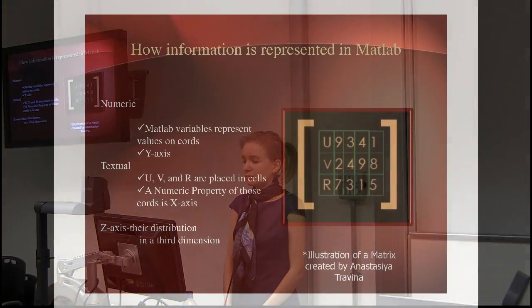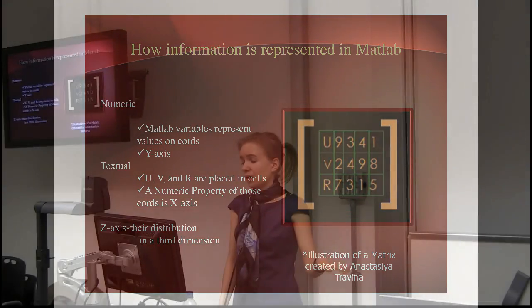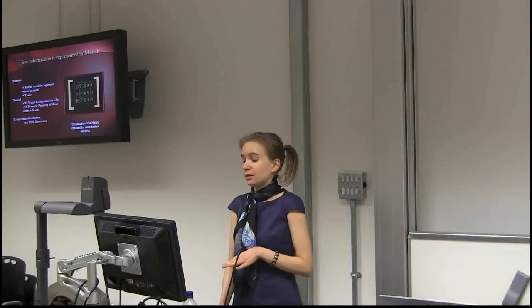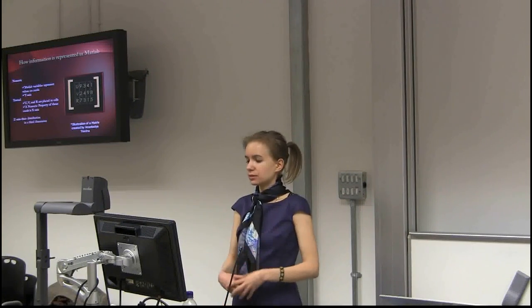So I use MATLAB, and I don't know if anybody has worked with MATLAB, but the information is coded into a matrix. So what I do, I put the U, V, R, V being verso attachment, R being recto attachment, and U being unknown. So the x-axis, let's say, doesn't matter, is the attachment type, and the y-axis is the value, because each cord has the value expressed with knots.